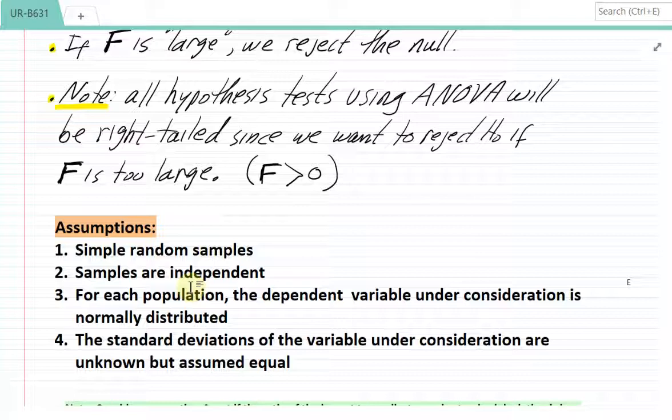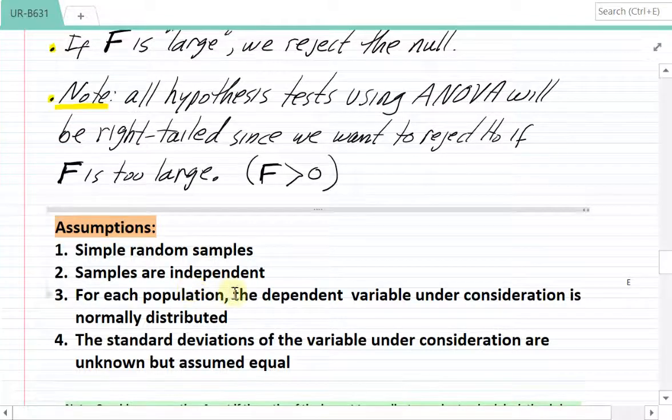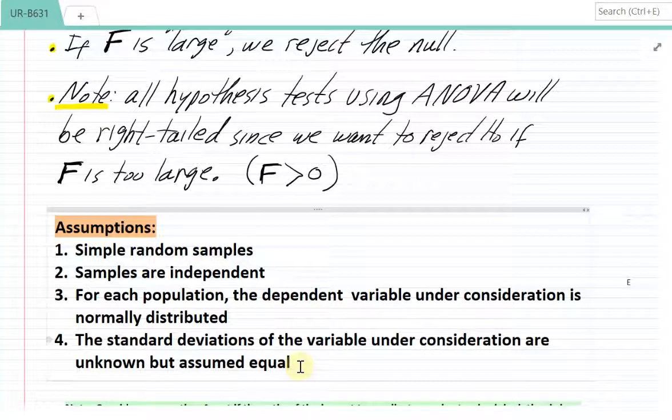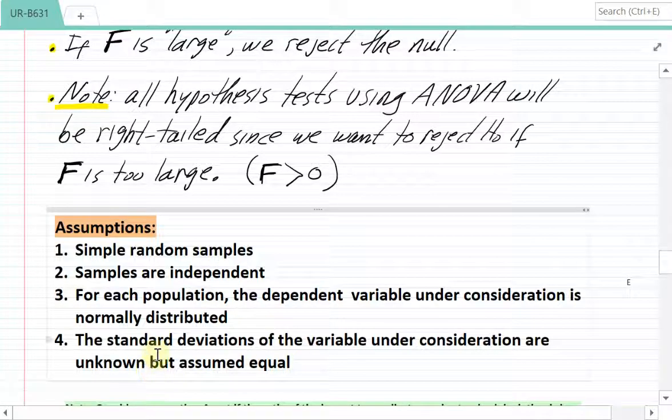And for each population, the dependent variable has to be normally distributed. Your y values have to be normally distributed. And the standard deviations of the variable under consideration are unknown but assumed equal across every one of the levels of the factor, or the levels of the treatment. So we're assuming equality of deviations.